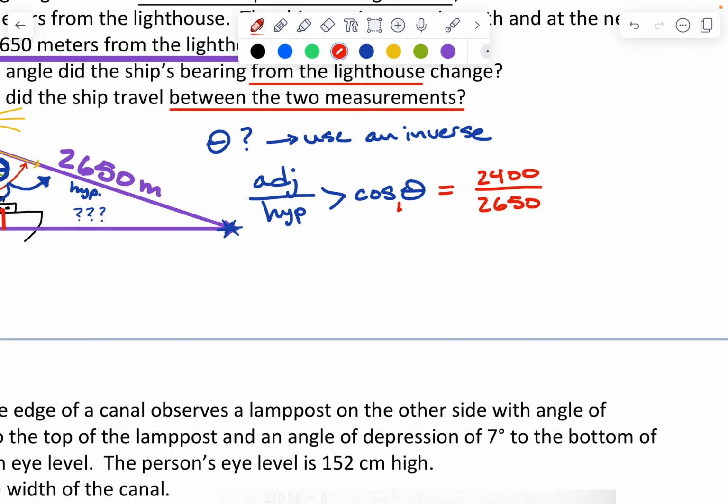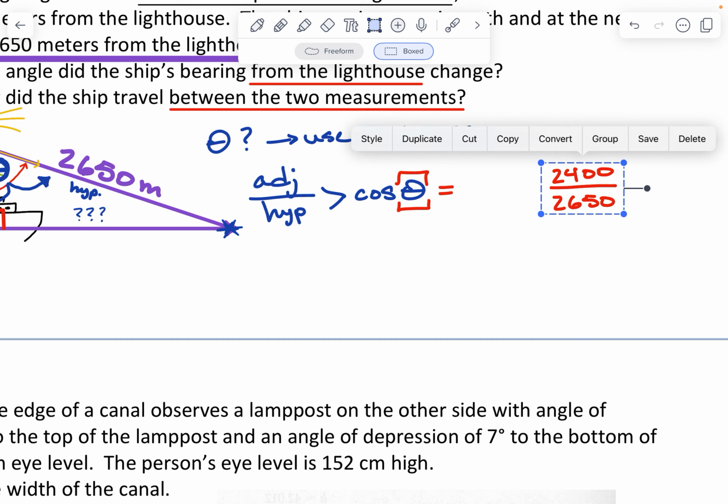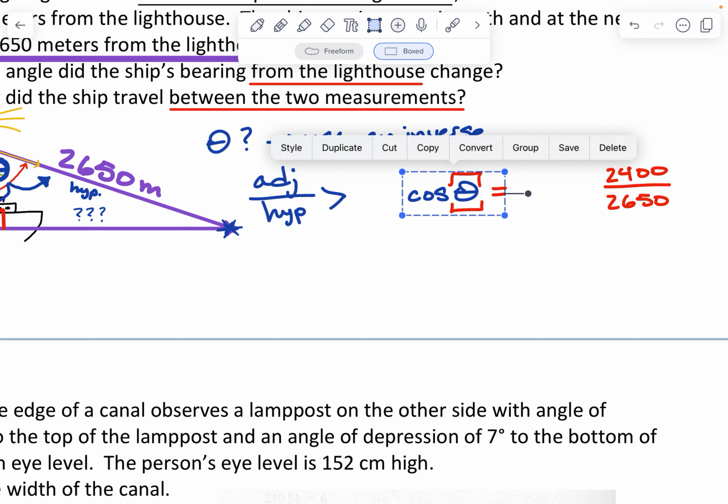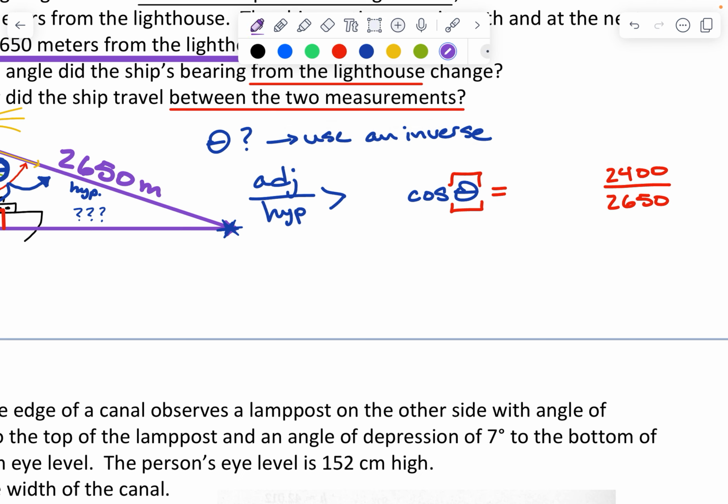Now, we are looking for an unknown angle, which means on both of these sides, I need to perform some kind of operation. So the first thing I want to do is cancel the cosine so that I can isolate theta. So if I want to cancel something or undo something or reverse something, I need to use its inverse.